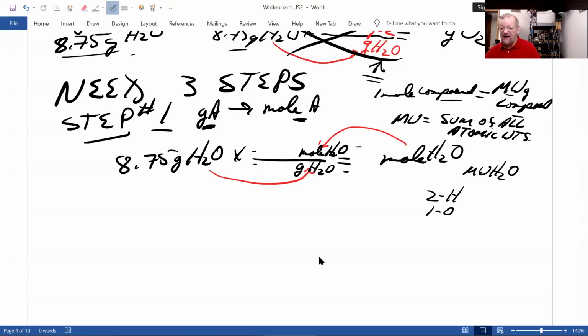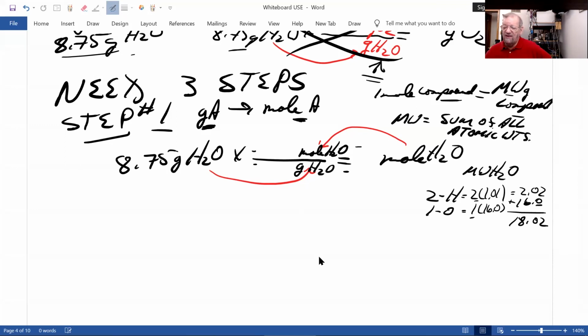So I have 2 times 1.01, 1 times 16.0. These are exact numbers. So that's 2.02, 16.0. Add them up, 18.02. You get the same number of significant figures past the decimal as the number when you're adding that has the fewest.